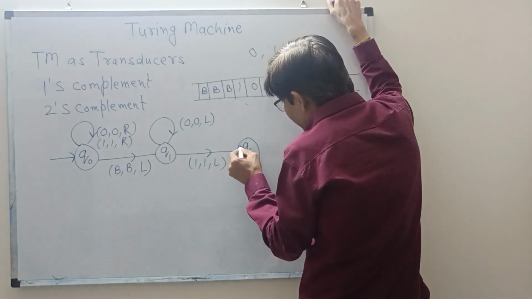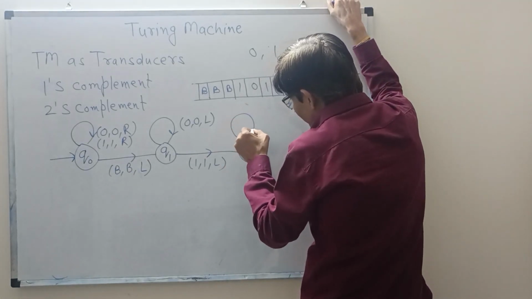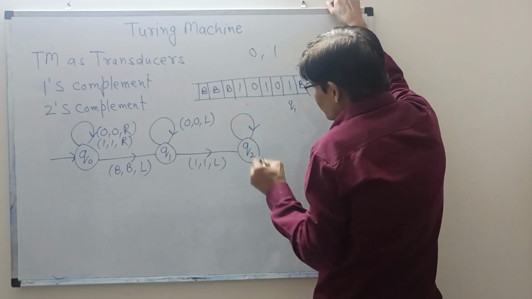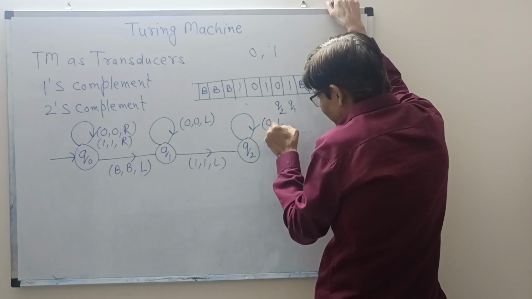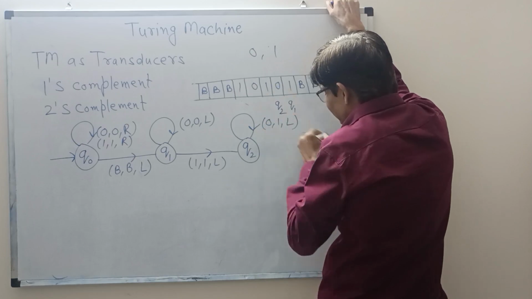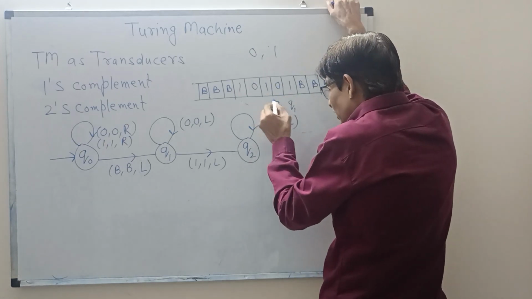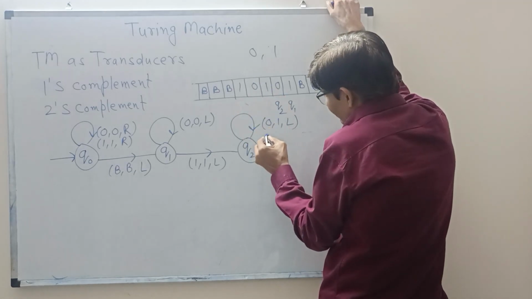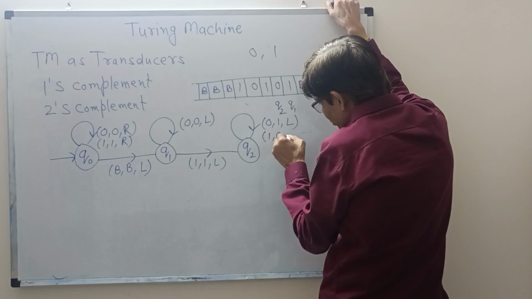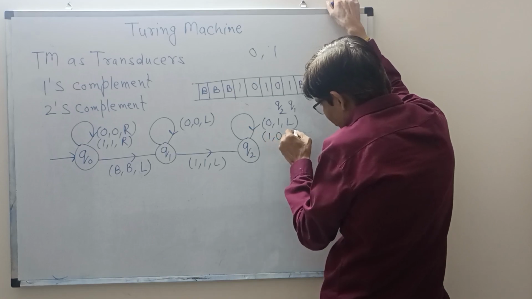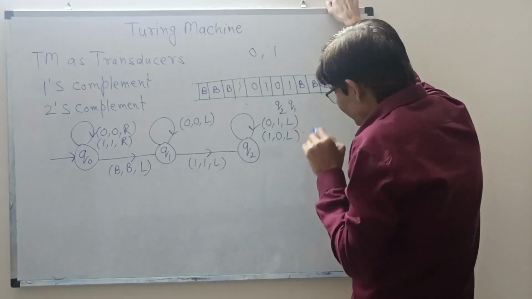Now on Q2, if you are getting 0, you will convert it into 1 and you will continue moving towards the left. And on Q2, if you are getting 1, you will convert it into 0 and you will continue moving towards the left.